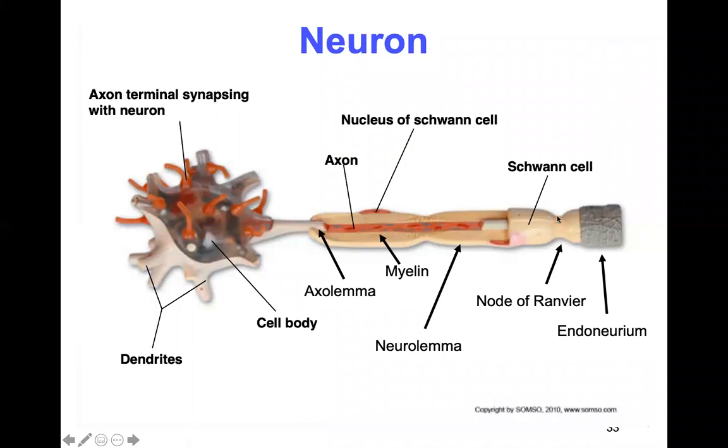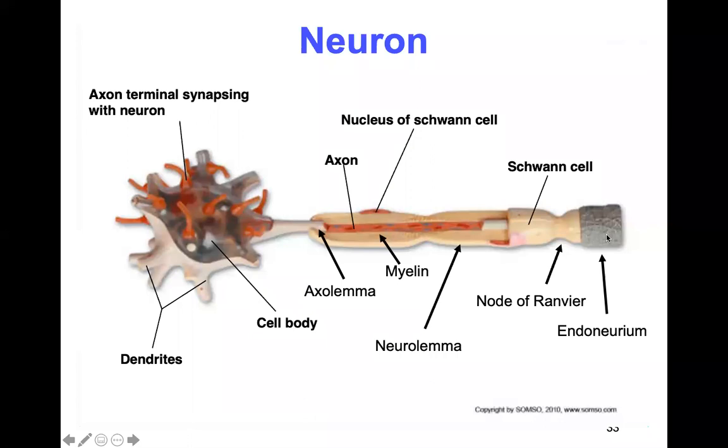The invagination between this Schwann cell and this Schwann cell is called the node of Ranvier. And the layer of tissue that surrounds that axon and this part of the neuron is called an endoneurium, right here.